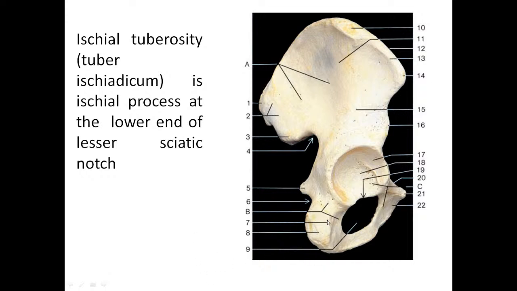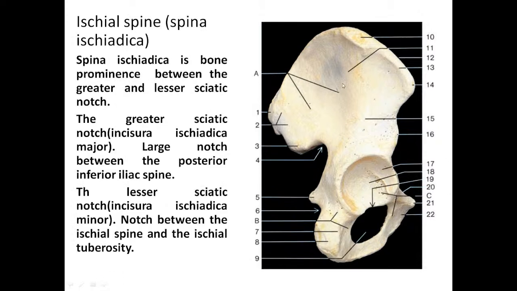This is ischial tuberosity. This is ramus. Spina ischiadica is a bone prominence between the greater and lesser sciatic notch.